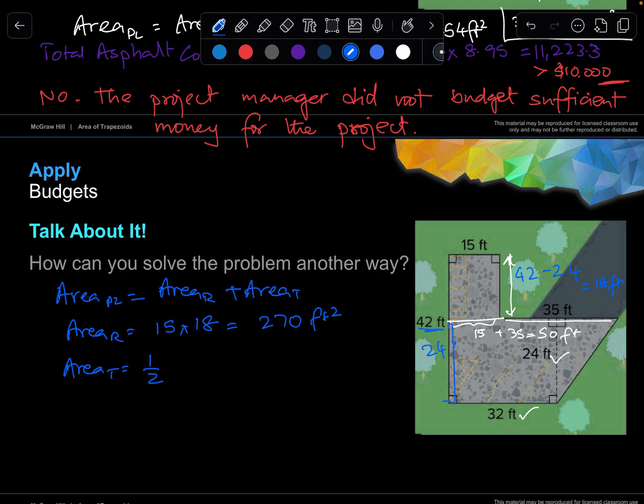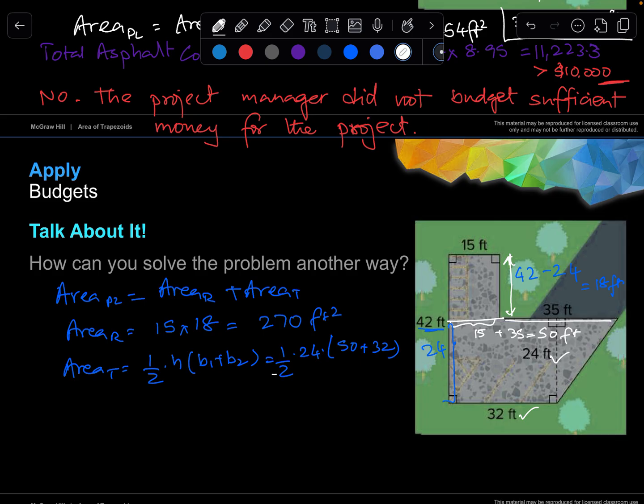Area trapezoid is half times height, which is 24. Again, I didn't write the formula in the previous one, but please do write the formula anytime. That's half times 24 times b1 is 50 and b2 is 32.